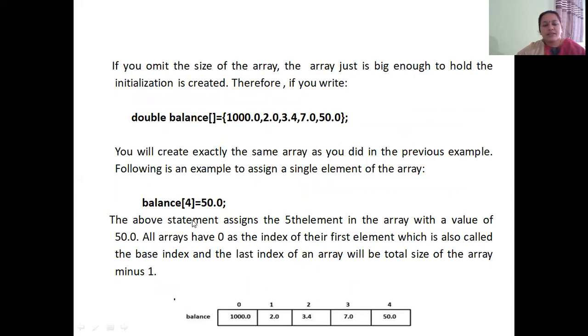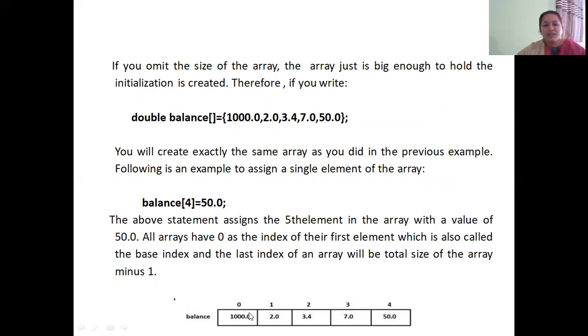So we can always access the individual elements of the array by using their subscript, and we can initialize their values individually as well. So I could have also written balance[4] equal to 50.0. It means to say that the fifth element in the array, which has an index balance[4], will be initialized with the value 50.0.